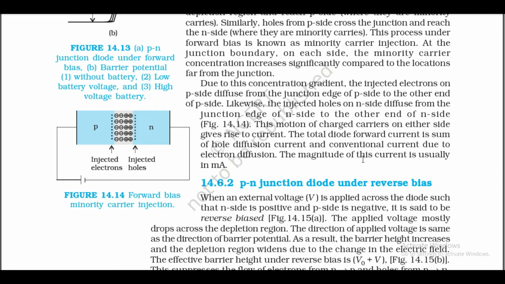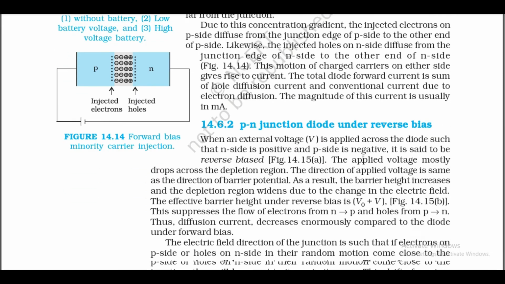Figure 14.4. This motion of charge carriers on either side gives rise to current. The total diode forward current is the sum of hole diffusion current and conventional current due to electron diffusion. The magnitude of this current is usually in mA.